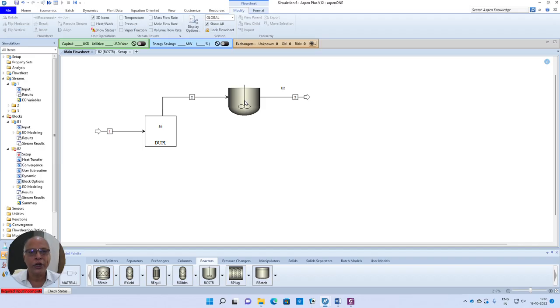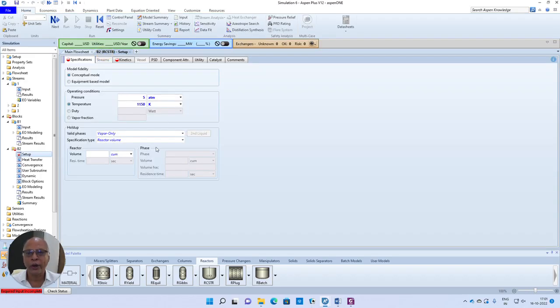So we need to convert this design problem into a rating problem, first of all, by assuming some volume of the reactor. So assuming the volume, we will be able to complete the problem definition required for rating, and we should be able to simulate it, calculate the conversion, compare the conversion with what we require, and then vary the volume in order to get to the required conversion. So it is going to be an iterative process. So we have done this.